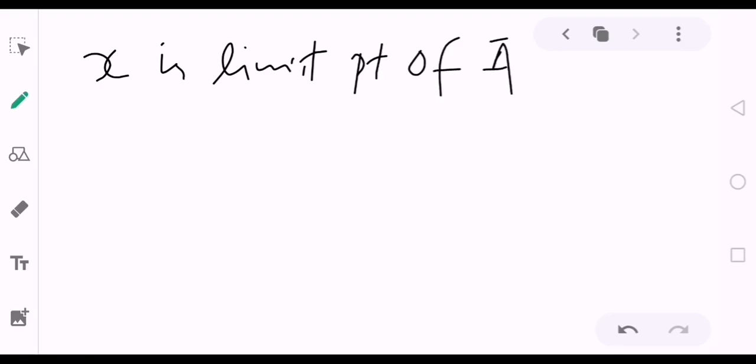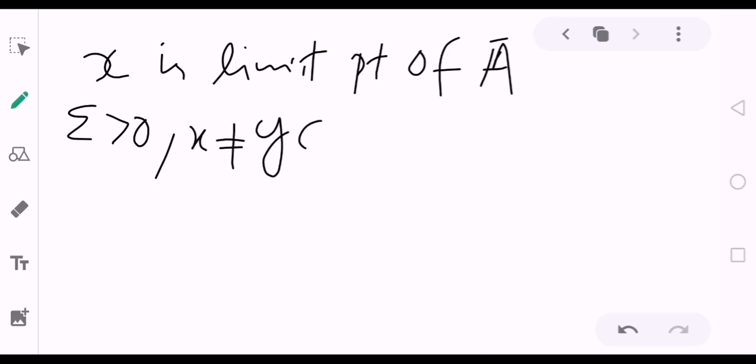So x is a limit point of A closure. By the definition of limit point, for every epsilon greater than 0, so we take an arbitrary epsilon greater than 0, there is a y which is not equal to x in V epsilon x intersection A closure.